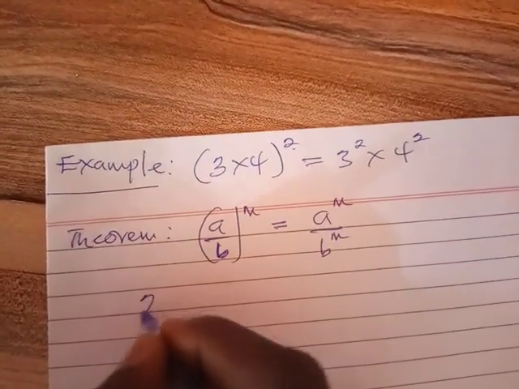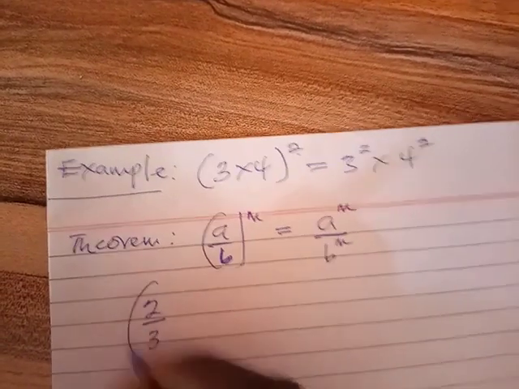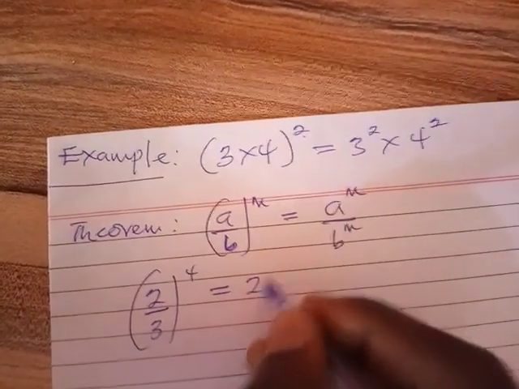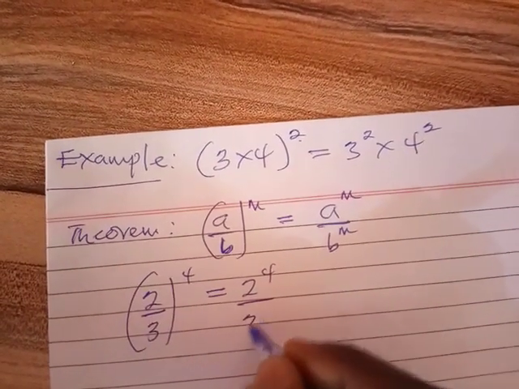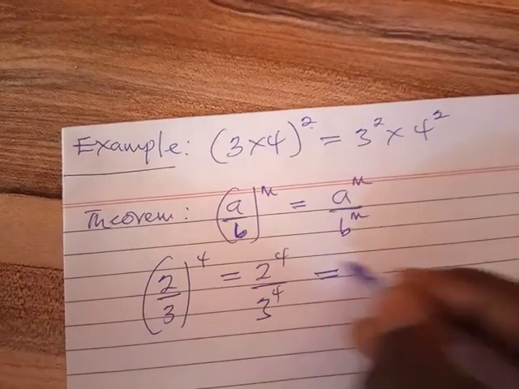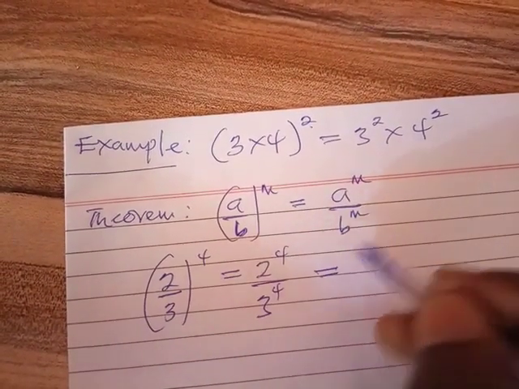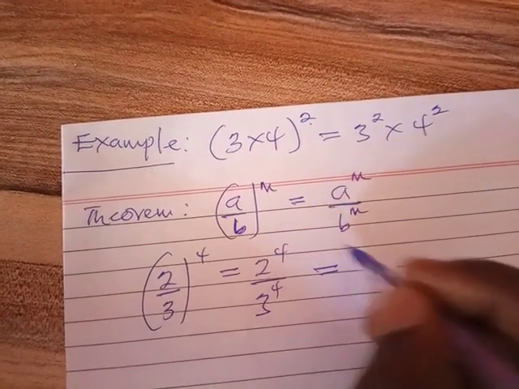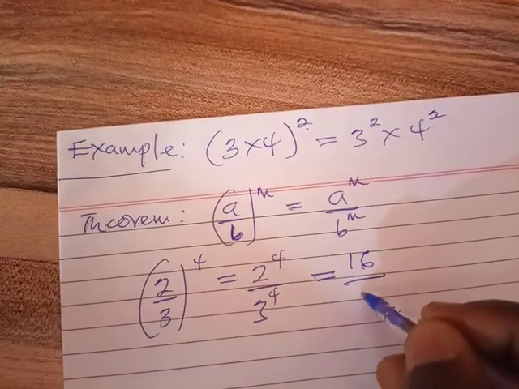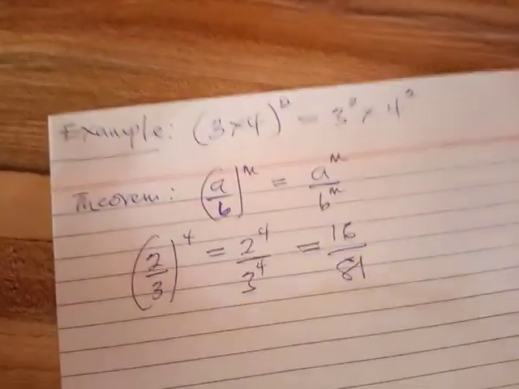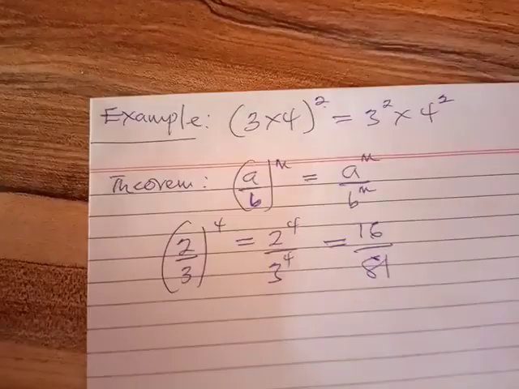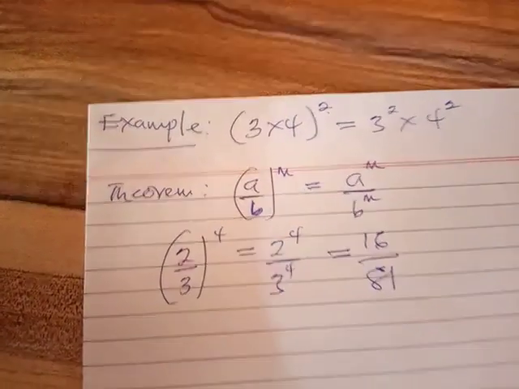So if you have 2 on 3 all exponent 4, 2 here is being influenced by the exponent 4 and 3 is being influenced by the exponent 4, and this gives us 2, 2, 2, 2: 2 twos is 4, 4 twos is 8, you have 16, and we have 81. So that is it for the law 3.